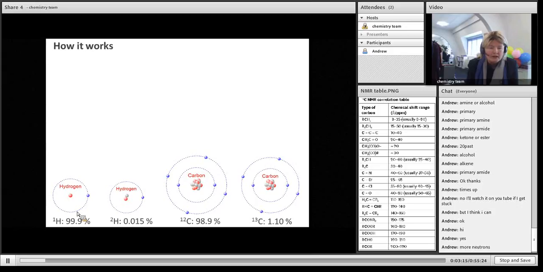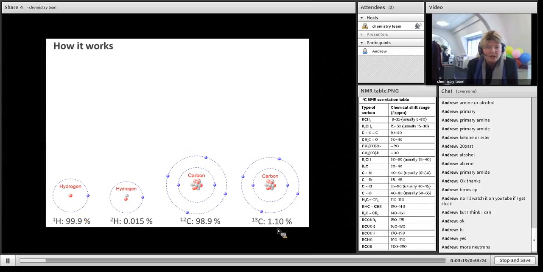Hydrogen spectra are also used a lot in chemistry as well, but they're a little bit more complex. So at level 3, we only look at carbon-13. You may have done hydrogen or proton NMR, as it's called, at university. I'm not sure. Anyway, the carbon-13 is more simple.